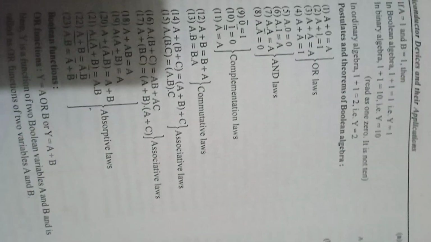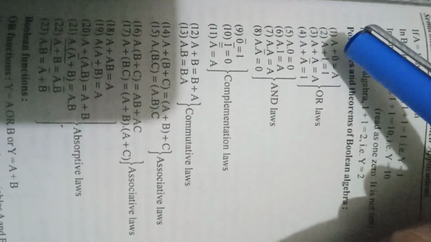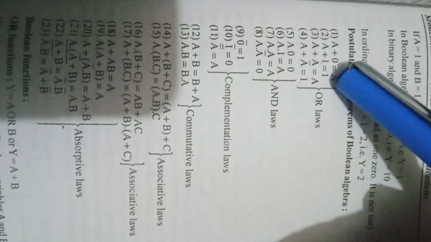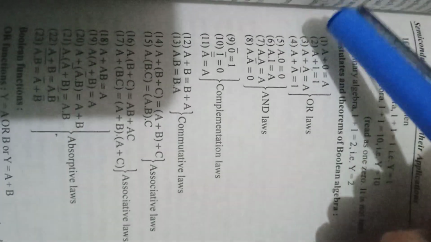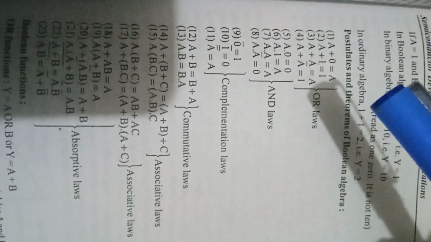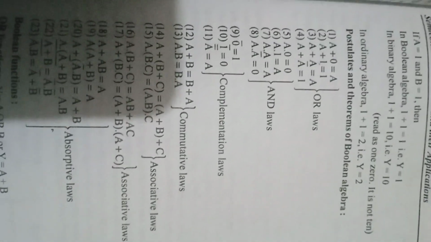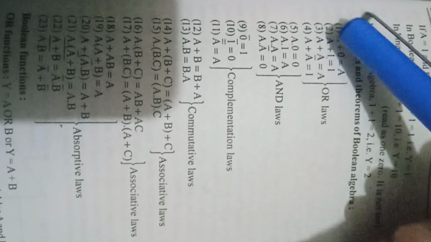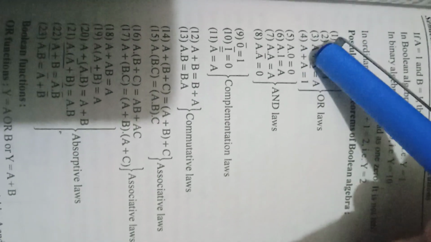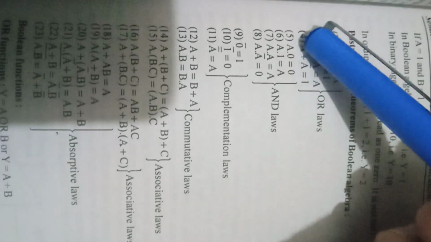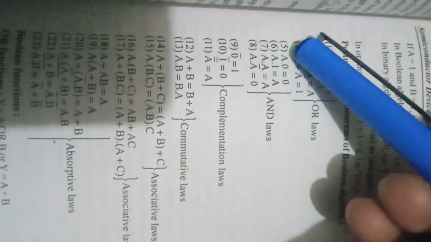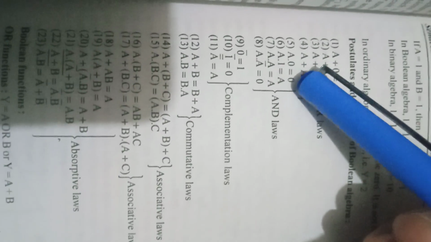Here we have the first theorem, which says that when you add 0 to any variable, it stays the same. When you add 1 to any variable, let us say A plus 1, it will always be 1. A plus A will always be A. A plus A complement will always be 1. Now, if you multiply A with 0, it's 0.